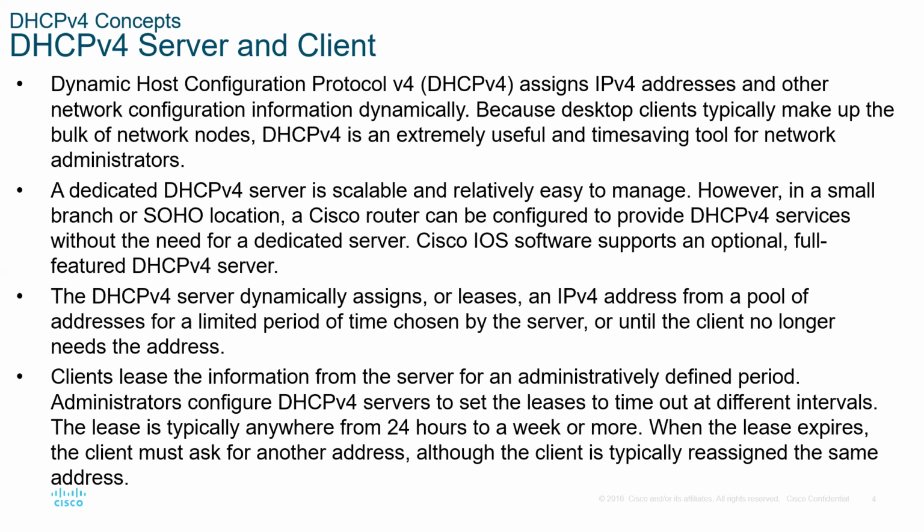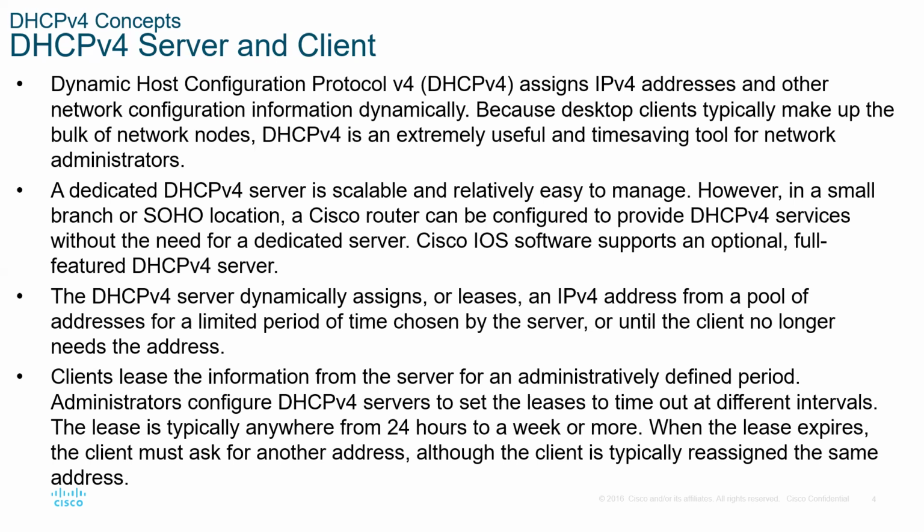I think another important thing to understand is that assignment of addresses is done in leases, sort of renting. So an address is not assigned permanently to an end device. When we're using DHCP, an address is not assigned permanently. It's a lease.